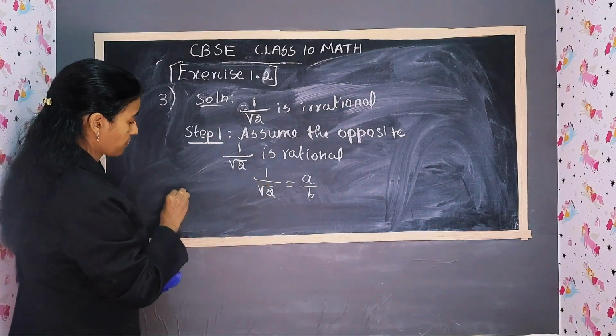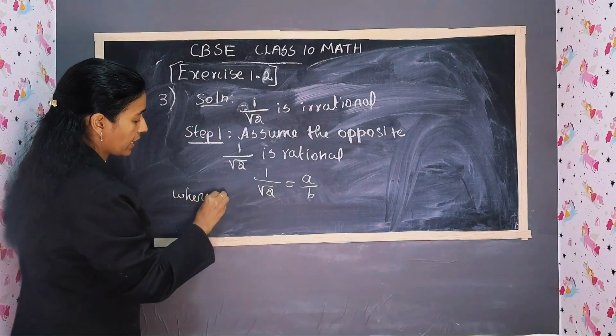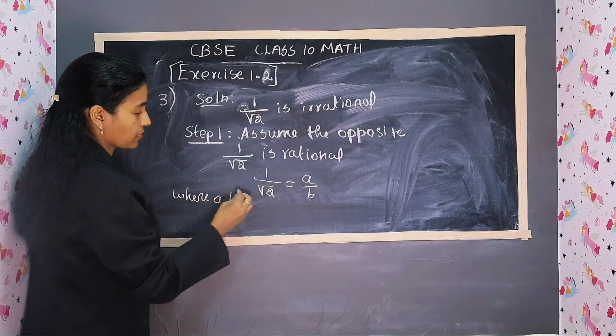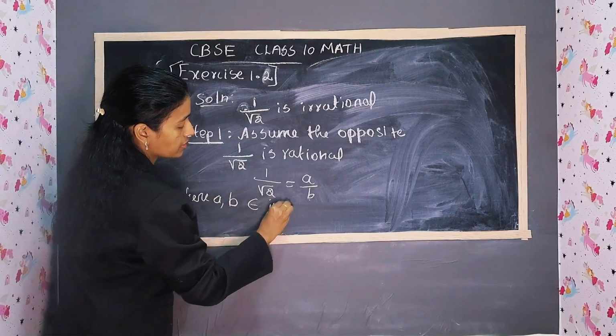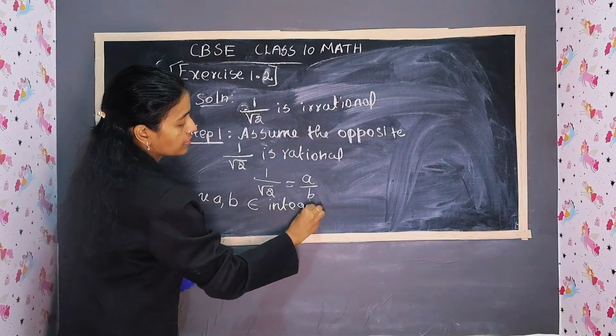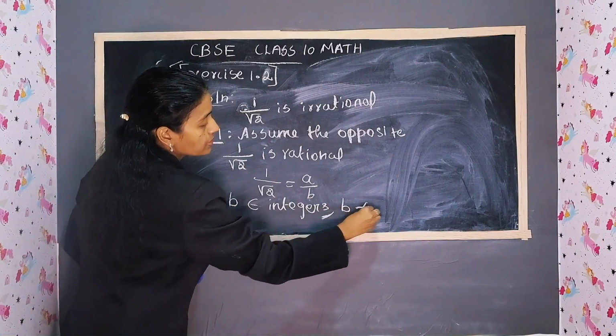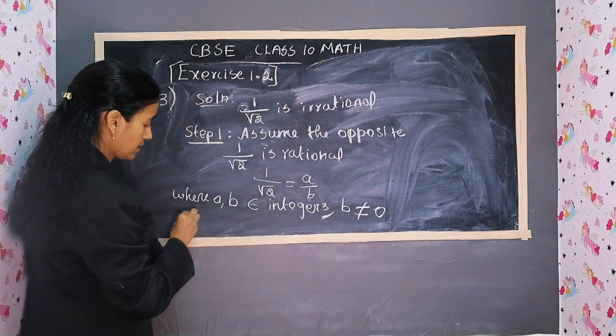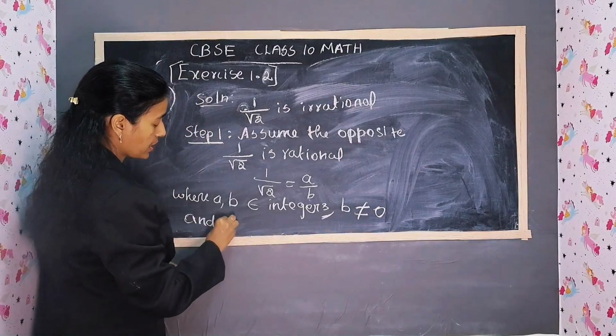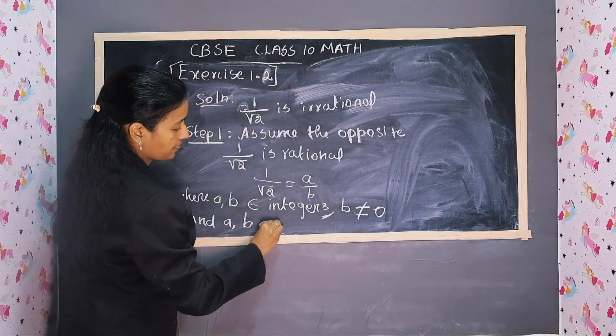What are they? Where a, b belong to integers, and b should not be 0, and a and b are co-prime.